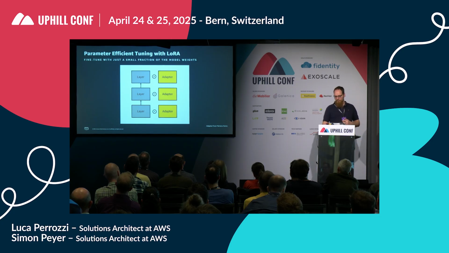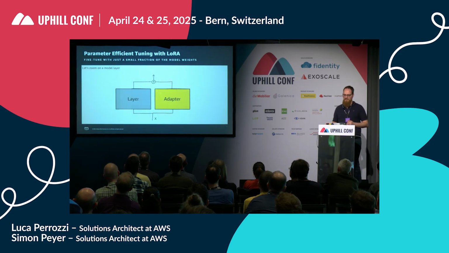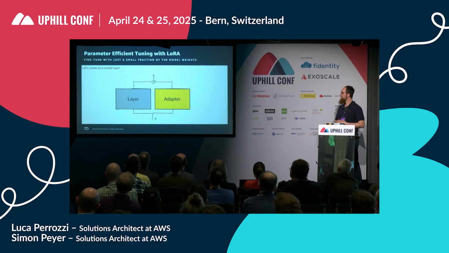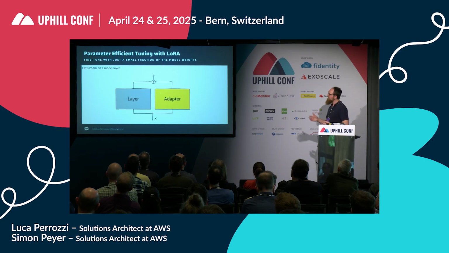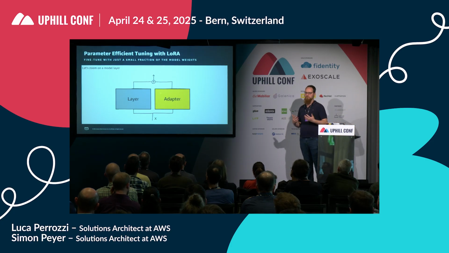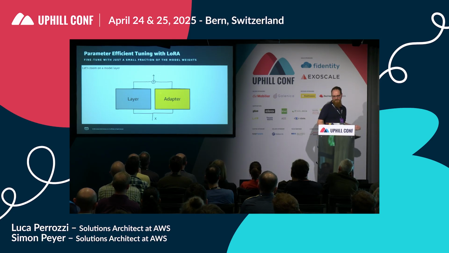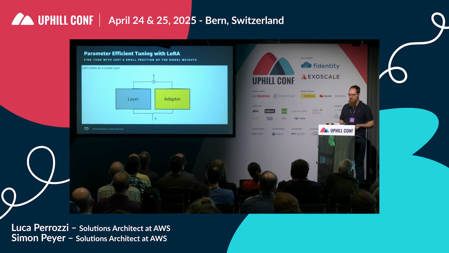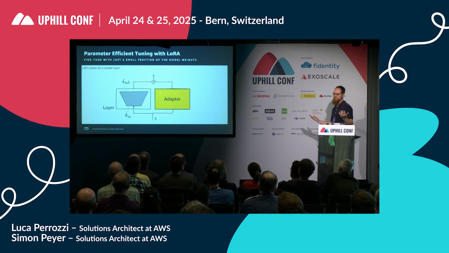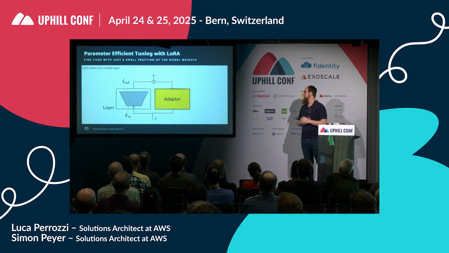Now, if we zoom in, how would such an adapter look like? So on the left side, we have our layer. This would be from our base model. And on the right side, we have this new construct, the adapter. If we look a bit into the layer on the left side, we see that, as many things in machine learning, it's a matrix.